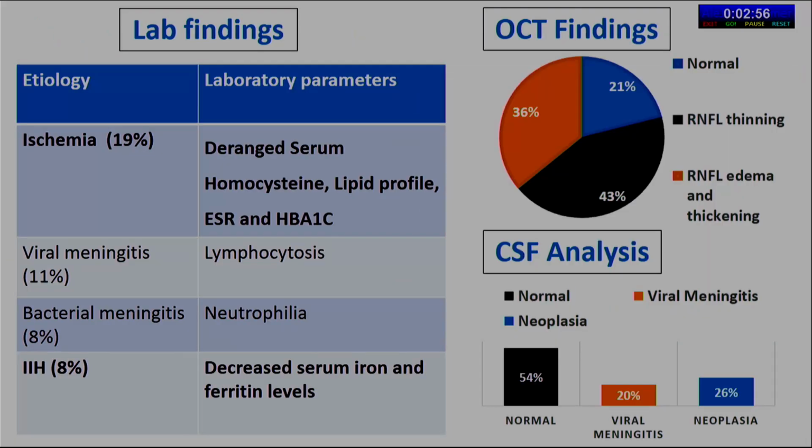On lab investigations, deranged serum homocysteine, lipid profile, ESR and HbA1c was found in ischemic patients, and in idiopathic intracranial hypertension patients, there was decreased serum iron and ferritin levels. On OCT, 43% of patients had RNFL thinning, whereas 36% of the patients had RNFL edema and thickening. CSF analysis revealed 20% cases with viral meningitis, and CSF study with malignant cells was found in 26% of the cases.